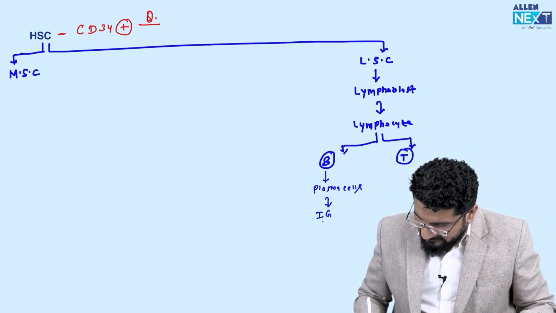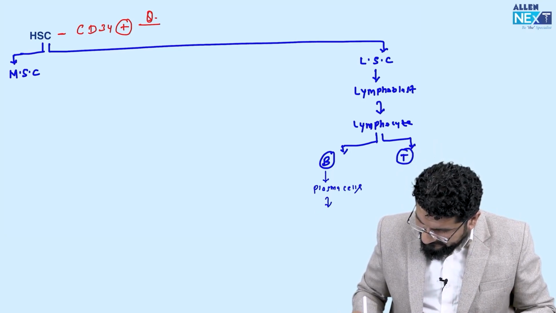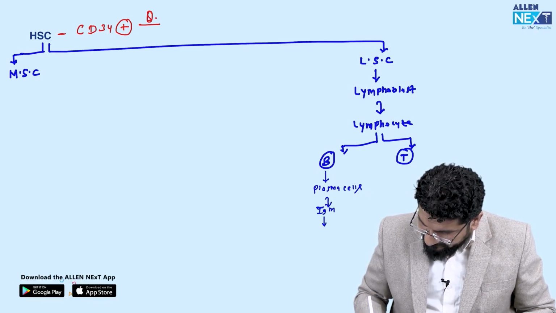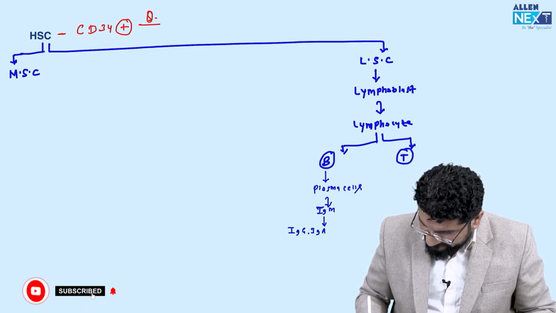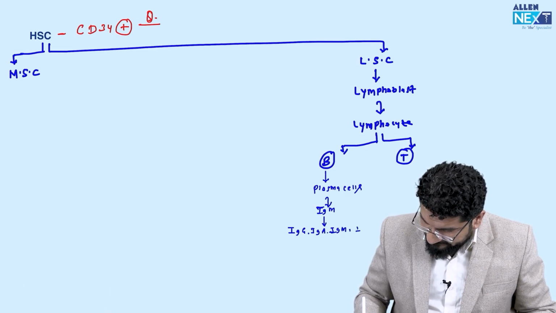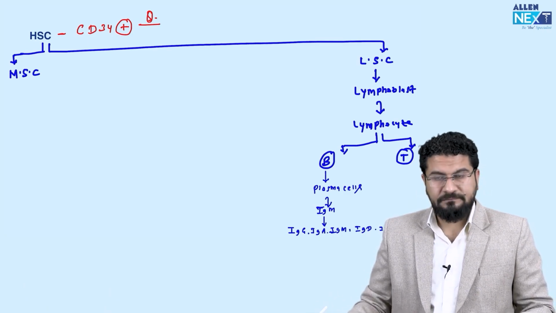This immunoglobulin will convert into different classes. First immunoglobulin that we have is IgM. Then this IgM will convert into different types of immunoglobulin, like IgG, IgA, sometimes it remains IgM, IgD and IgE.